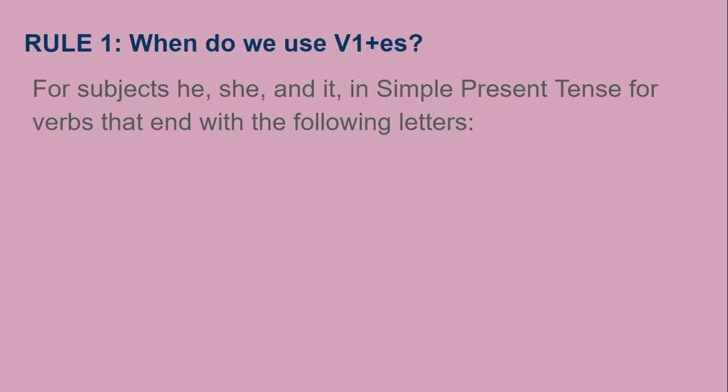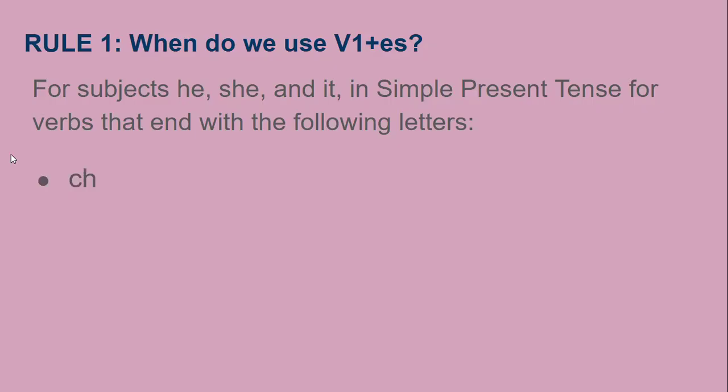So let's look at the list of those verbs in which, in the simple present tense, for these subjects, he, she, and it, we add ES at the end of those verbs. So which are those verbs?